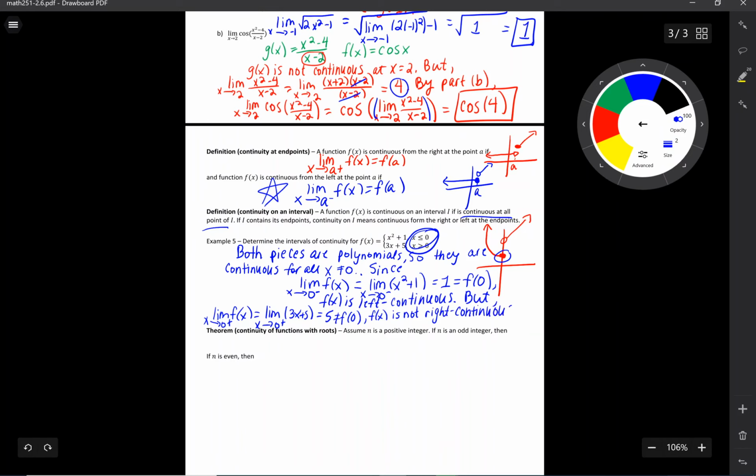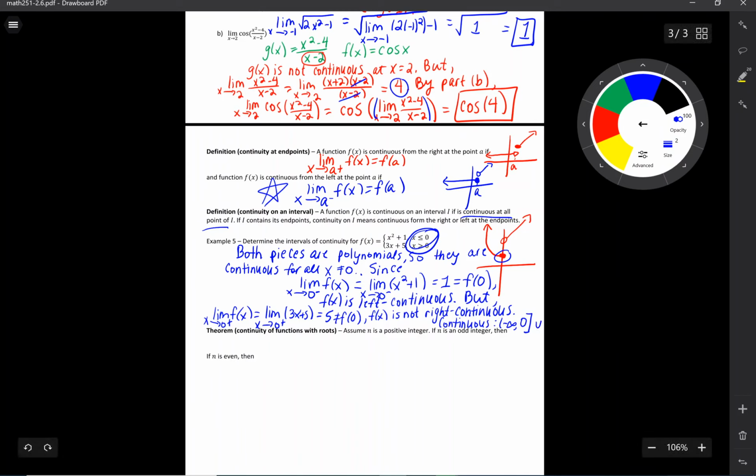So my intervals of continuity are everywhere to the left of 0, including the point 0. So I write that as negative infinity to 0. And because I'm going from the left, I include the point 0 using a bracket since I am continuous at the point 0 from the left.